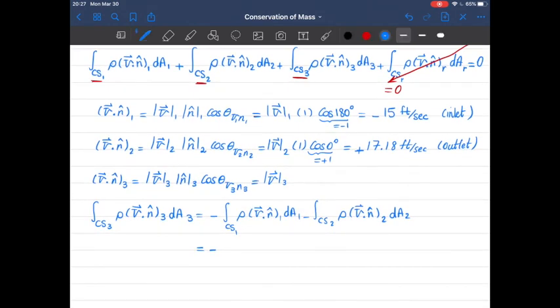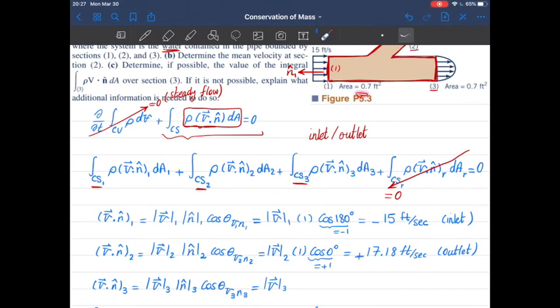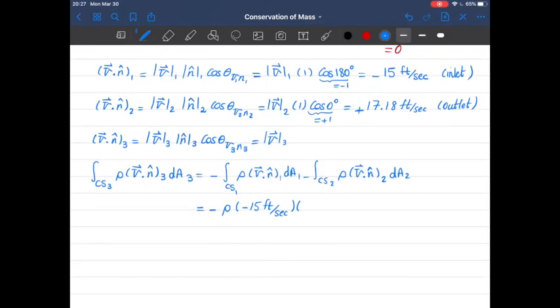So it will be equal to rho times v dot n, which we have here as minus 15 feet per second, times the area at section 1, which is given here as 0.7 square feet. This is the first term.